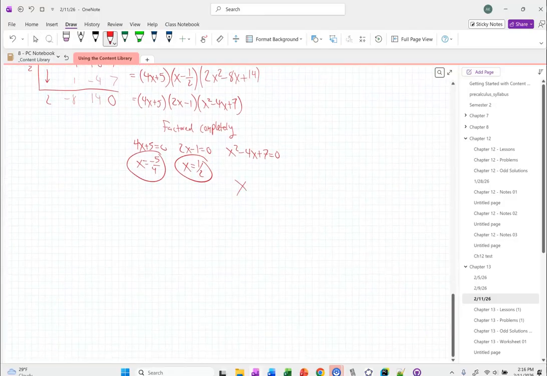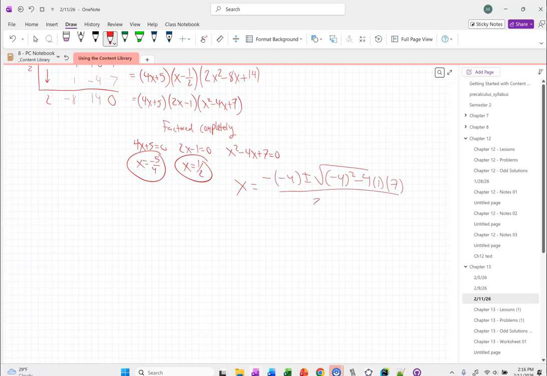So the quadratic formula is negative b plus or minus square root b squared minus 4ac all over 2a. 16 minus 28 is negative 12.